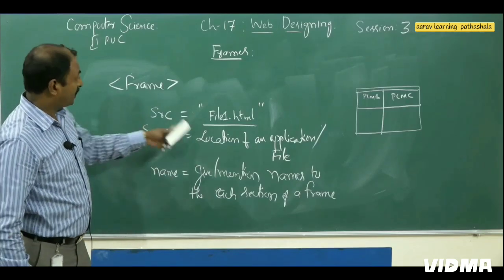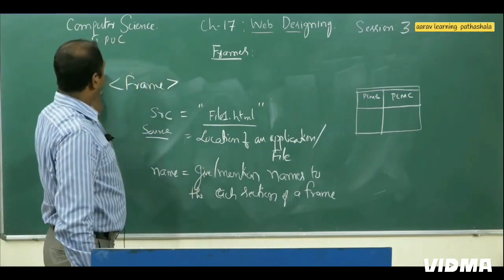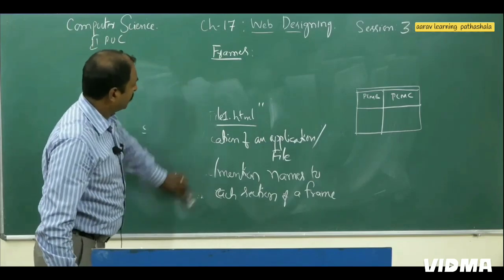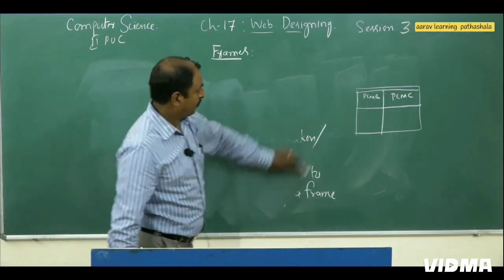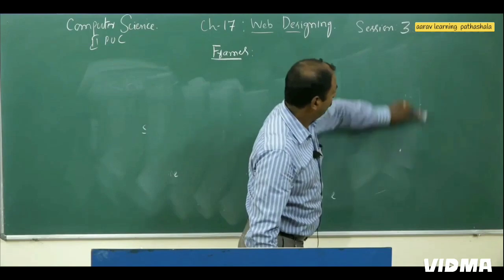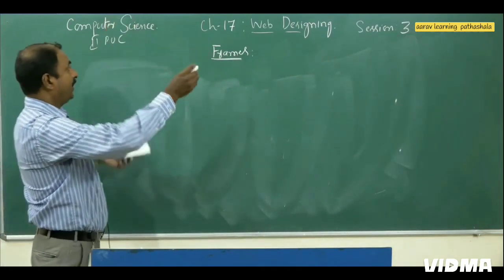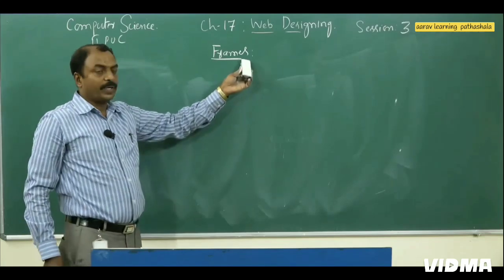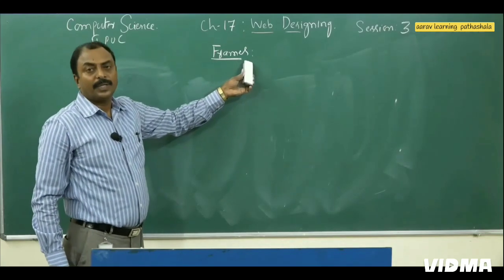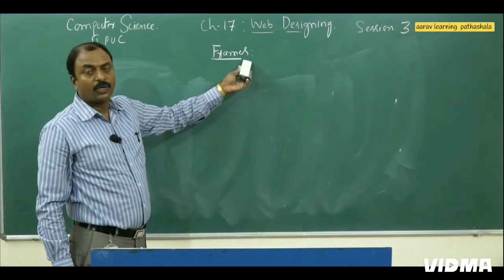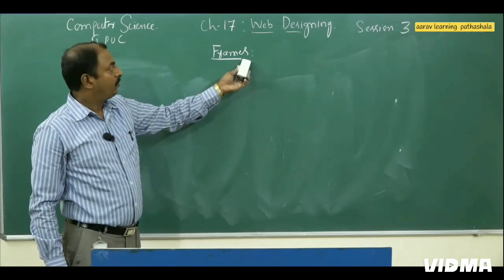Now with the help of this, let us write a simple program, or let us learn a few syntaxes of the frame tag. One thing you have to keep in mind: this frame tag replaces the body tag of your HTML file.